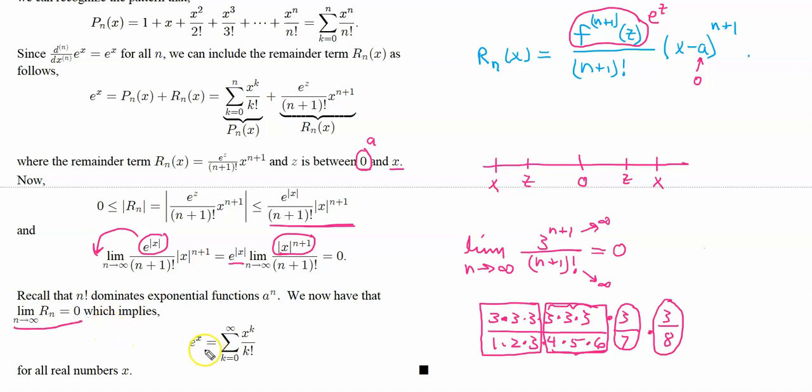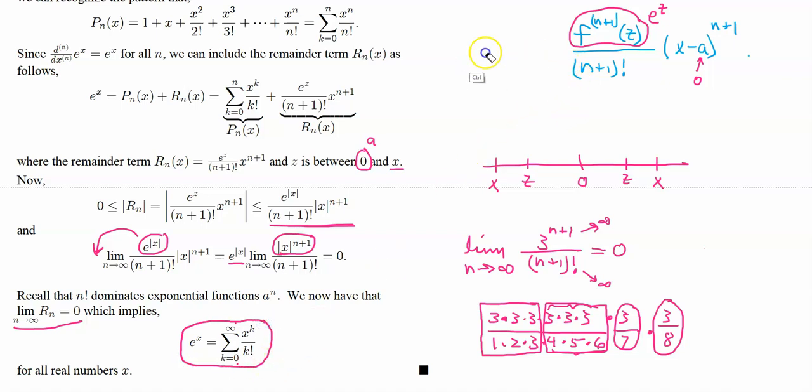So therefore, we can actually write by the corollary that e to the x is equal to the summation from 0 to infinity of x to the k over k factorial. So we have just justified writing e to the x like this.